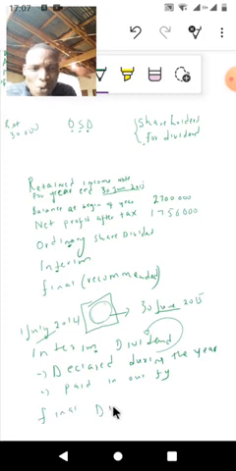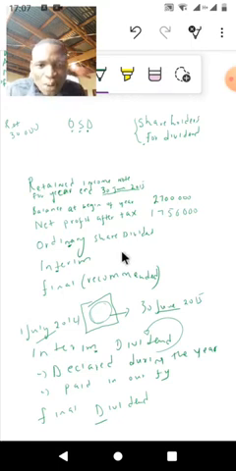When we talk about dividend, final dividend is declared at the end of the financial year. So in this case, since our financial year ends on 30 June 2015, I expect the company to declare final dividend on 30 June 2015.